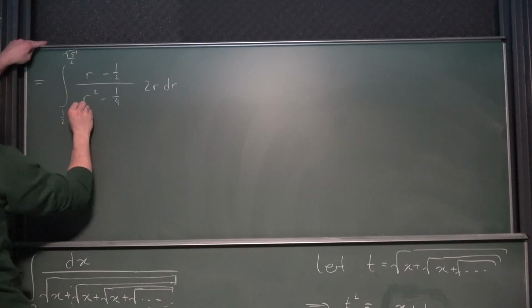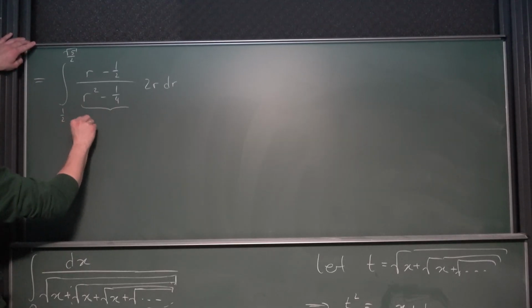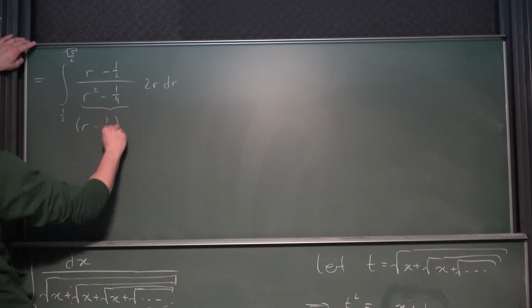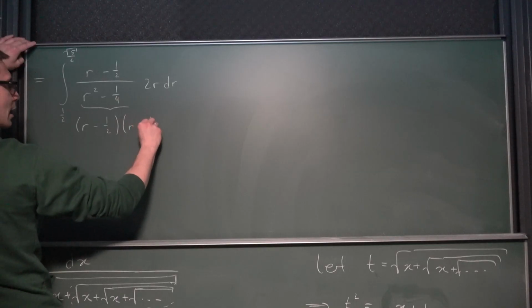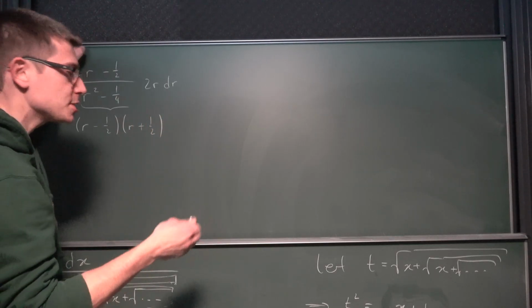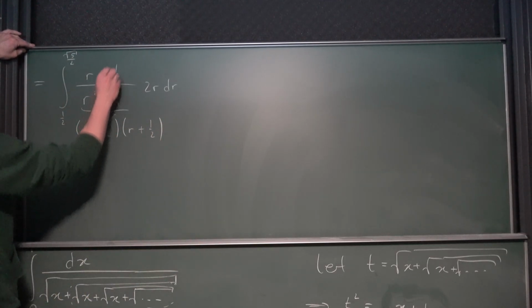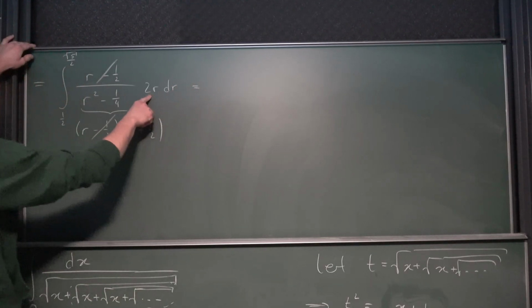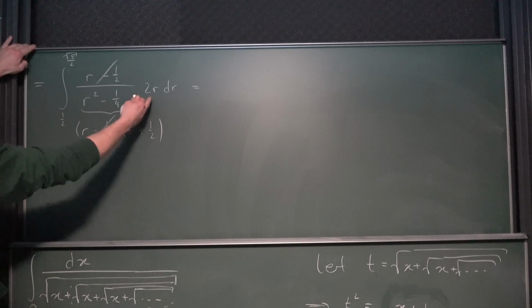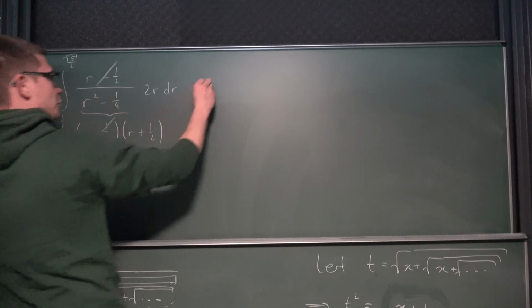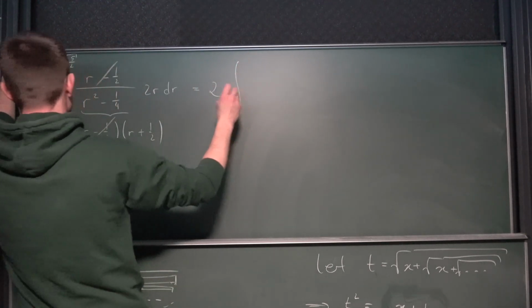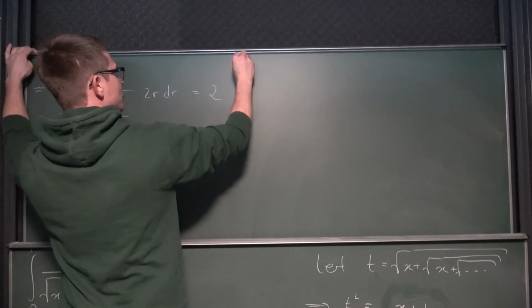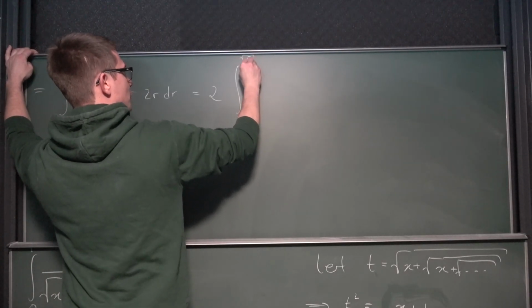This is the same as saying down there in the denominator we get r minus 1/2 times r plus 1/2. This is very fortunate, because we can actually cancel this right here out, leaving us overall just with, and 2 is just a constant, so by using the linearity of the integral we can drag it to the front, giving us 2 times the integral of 1/2 to the square root of 5 over 2.